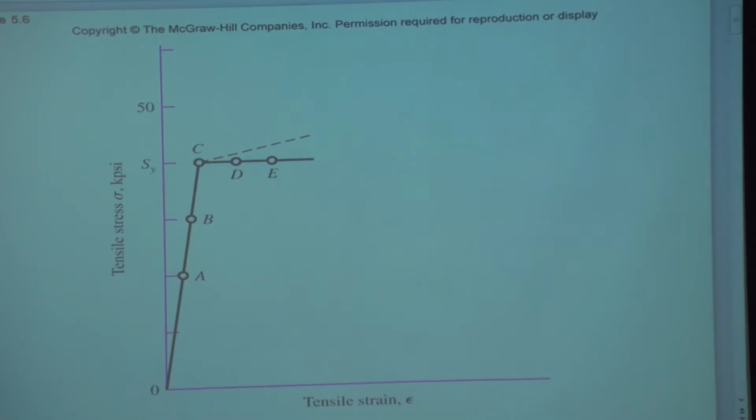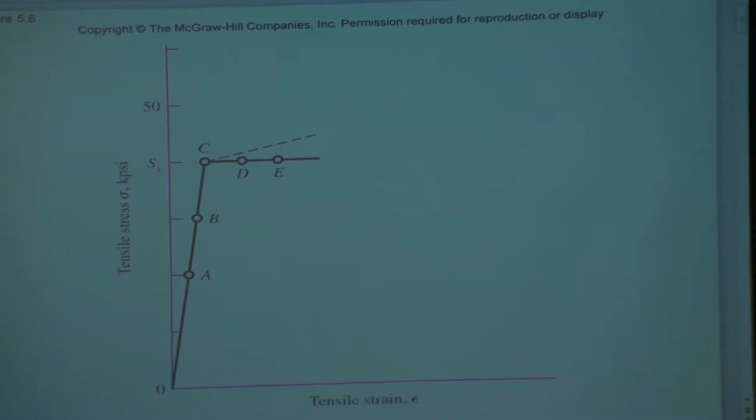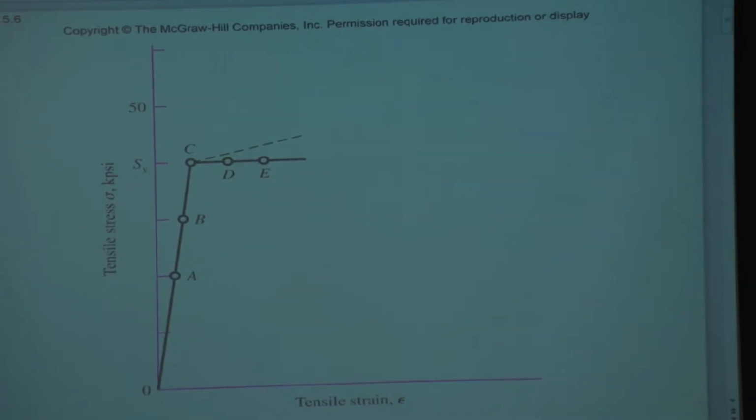It could be this flaw or that flaw, whichever. And we apply a stress, and this is 50 KSI, so each of these is 10 KSI: 10, 20, 30, 40, 50. We apply a stress that gives us a nominal value of 10 KSI.